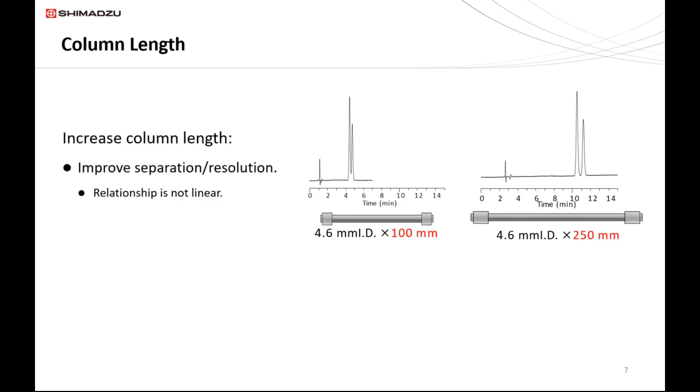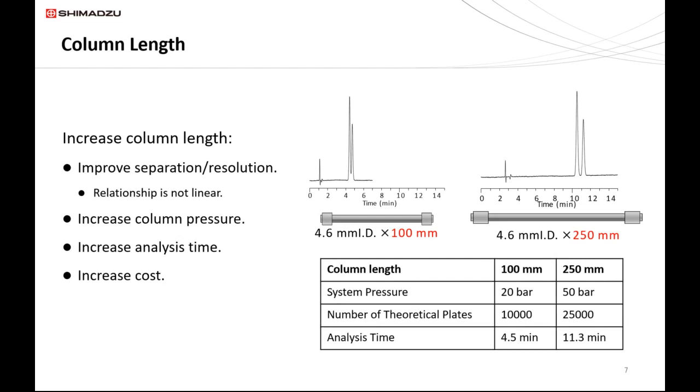However, it should be noted that the increase in resolution is not linear, meaning doubling of the column length does not double the resolution. So you may think, in that case, it should be better for us to always use a longer column. But that is not true. There are consequences to using a longer column.